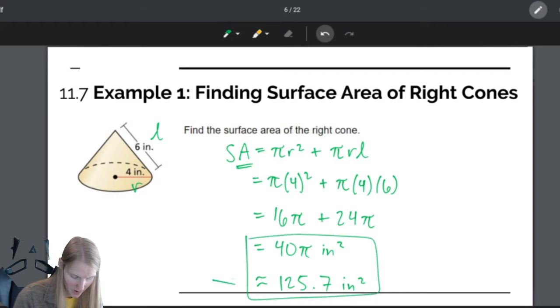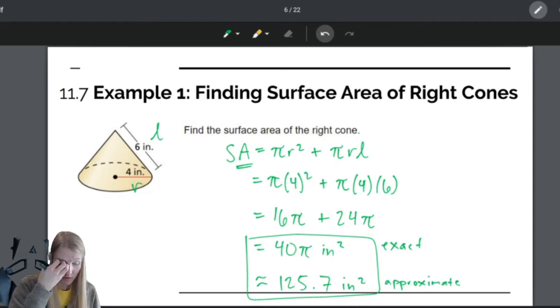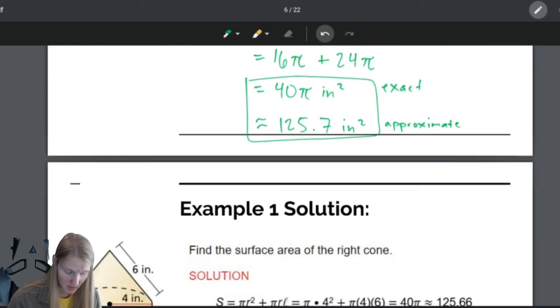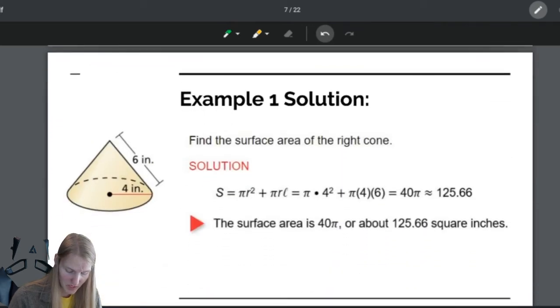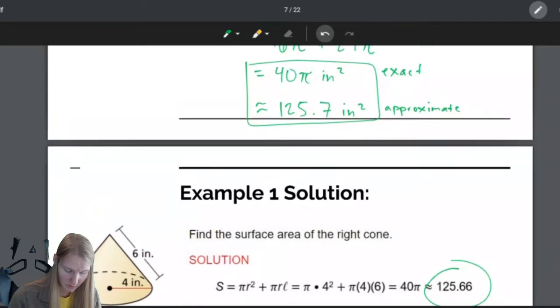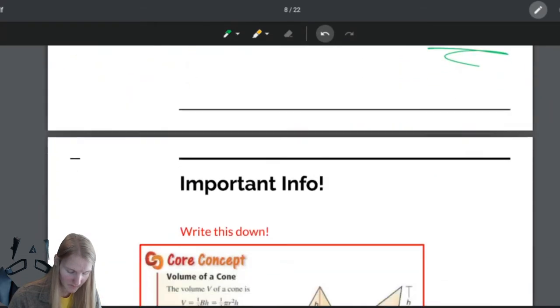Don't forget your approximate equal sign, your squiggly equal sign that says approximate. Remember, both of these are correct. This is exact form, and this is approximate form. All right, there you have it. Not so bad at all. Let's see if we were right. Booyah. Square inches. Booyah. Okay.